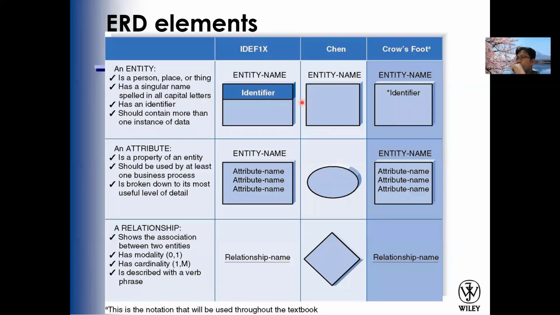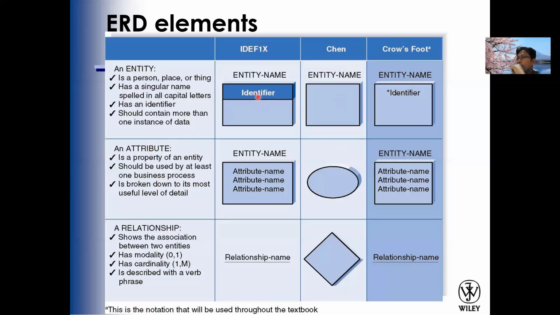It's up to you to use which style, but you have to be consistent. Chen is from 1976, a researcher using the relational database management ERD. The entity name is outside the box, and inside is the attribute, similar to Crowfoot, but in Crowfoot you have to use the identifier.